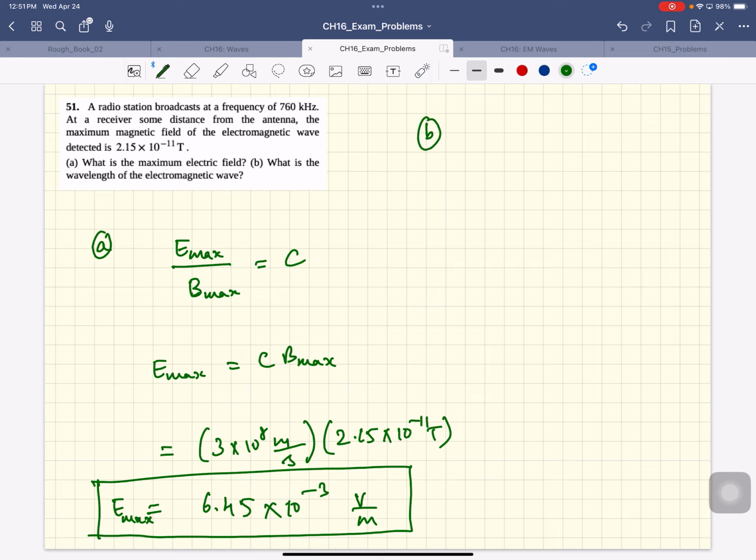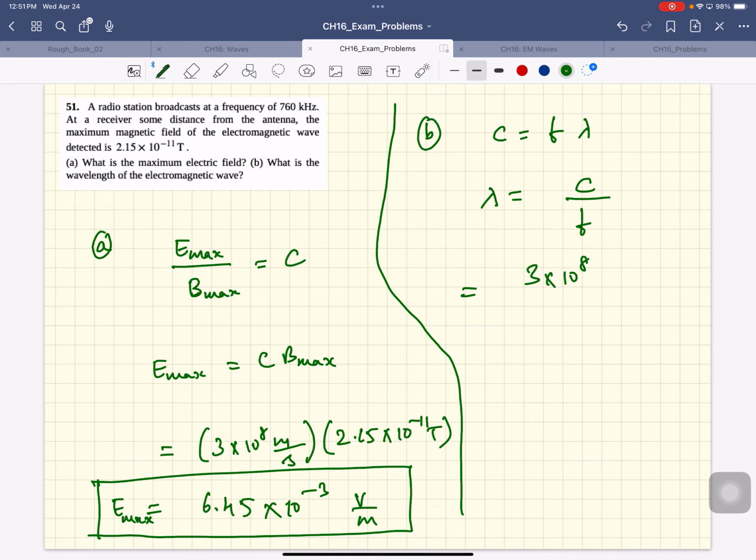And then they ask you what is the wavelength of the wave. Well, the speed of this electromagnetic wave is c, which is frequency times wavelength. So wavelength is the speed of light divided by frequency, and frequency is 760 kilohertz.